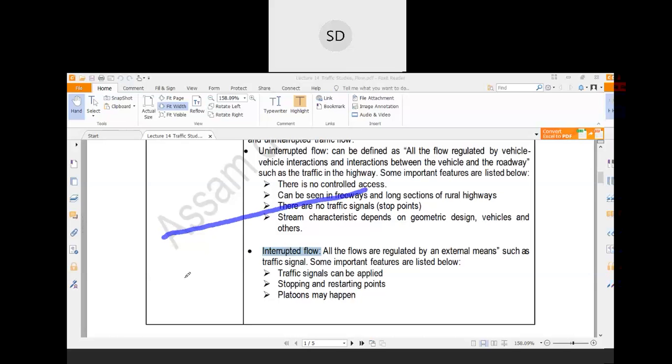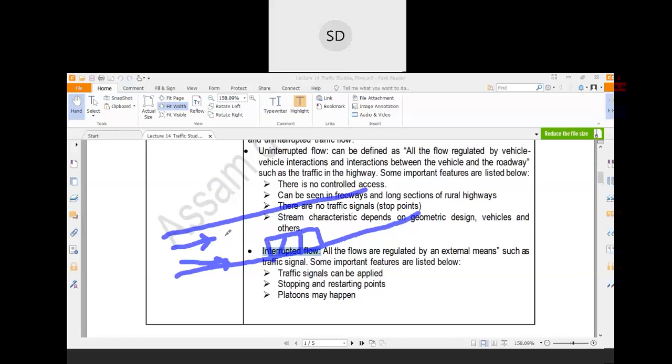Suppose this is a road section. In the road section, suppose a particular portion is occupied with some heavy vehicles, or some construction materials, or any other obstructions. In that case, what will happen whenever vehicles arrive at this place? The width of this section is more than the width of this particular section.